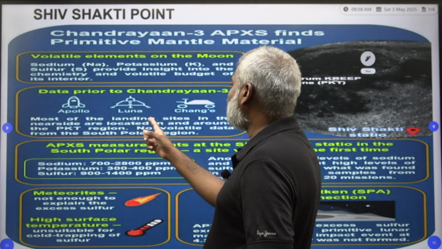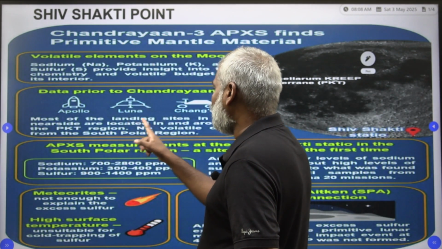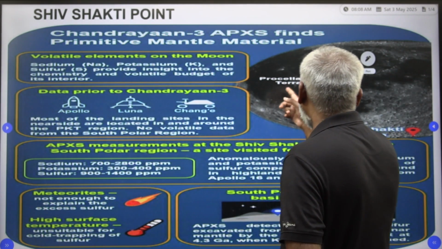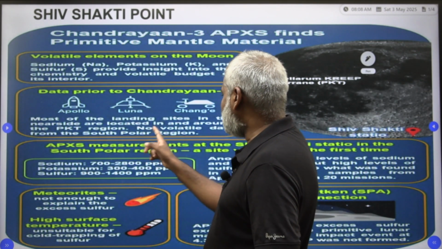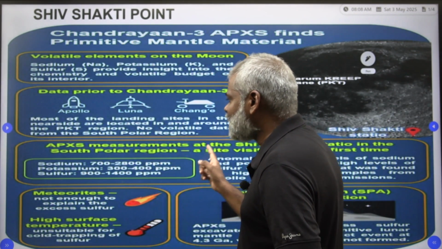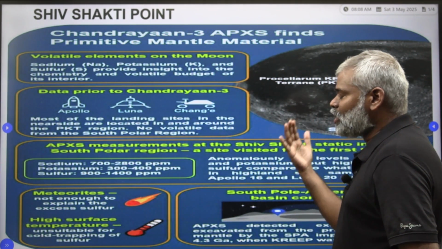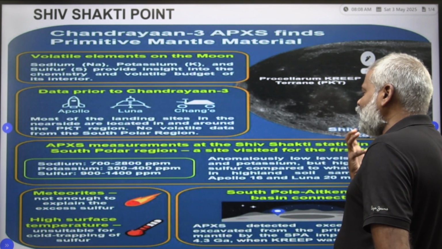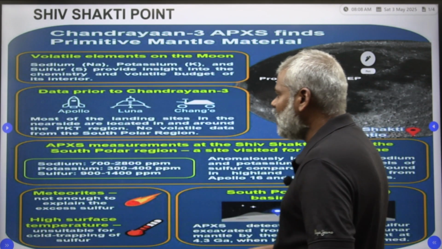Most of the landing sites on the near side are located in and around the PKT region. So there was no volatile data from the south pole region. Up to now, prior to Chandrayaan 3, there is no volatile data, but at the Shiva Shakti point, we get some volatile data.